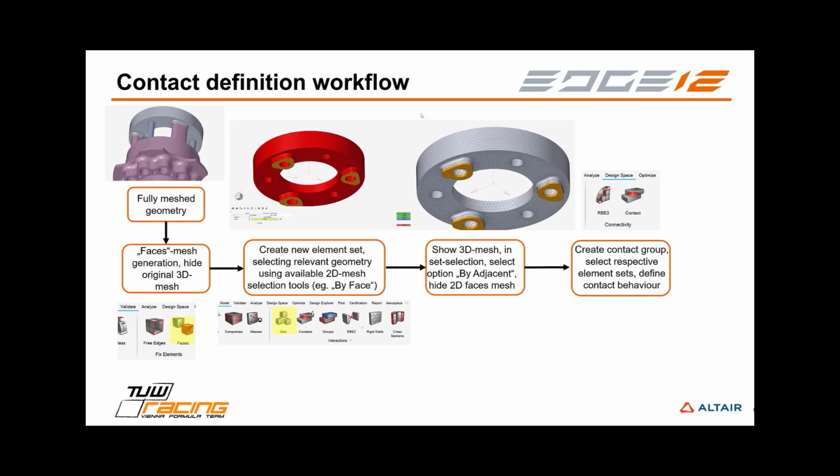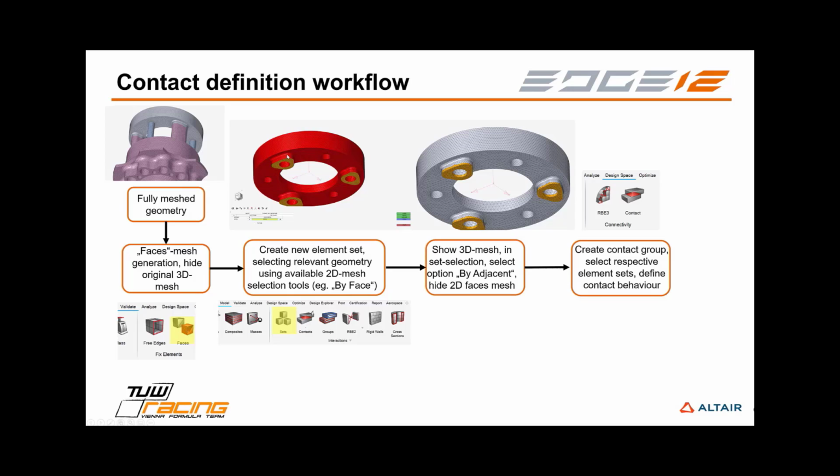Regarding contact definition, we first of all assume that we have a fully meshed geometry. And as we are dealing with 3D elements, we have to do a bit of a workaround for element selection. First, we create a new 2D mesh using the function faces, which exactly matches our 3D mesh.